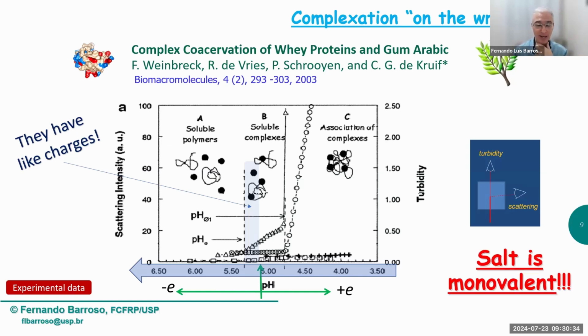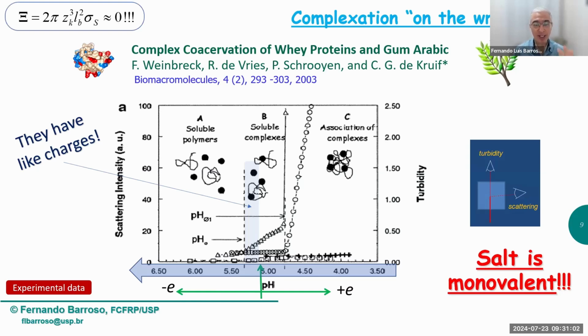And to make things a little bit more complicated, we are talking about salt that's monovalent. It was known in the community that if we have molecules under trivalent or high valency salts, we could have a phenomenon called ion correlation. But this is not the case here.